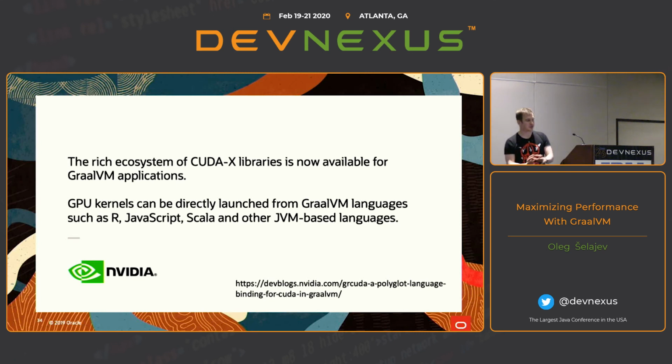There was also a collaboration between NVIDIA and Oracle to create a GraalVM language on top of GraalVM to expose CUDA GPU bindings to languages that work on GraalVM, which is very interesting. It won't improve performance of your Java applications, but it gives you the power of using the GPU very naturally through the same interop protocol to all the languages that we support.